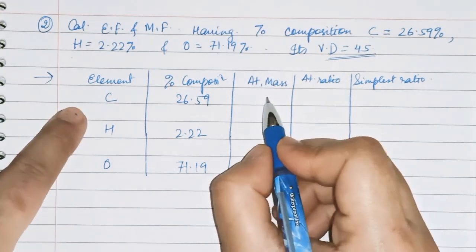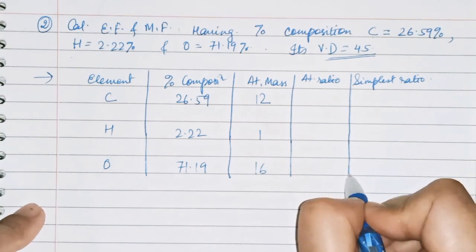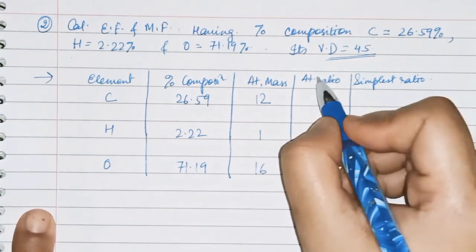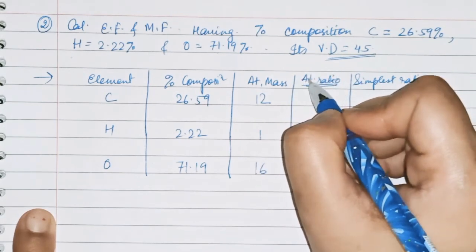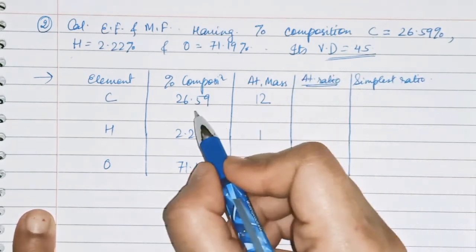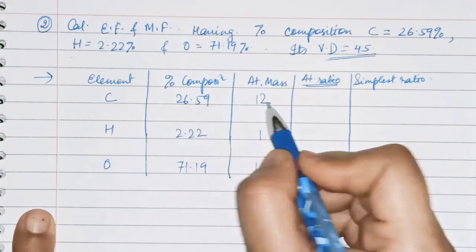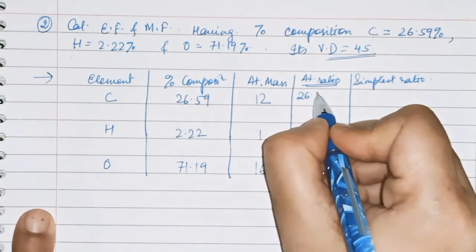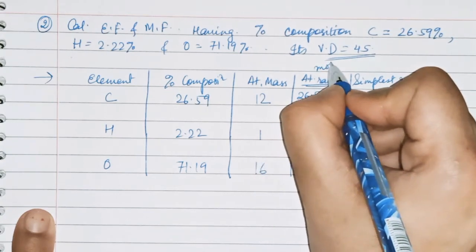Okay, the atomic mass of carbon is 12, hydrogen is 1, oxygen is 16. Now atomic ratio, children. Atomic ratio is just the formula of mole, given mass by molar mass. And if it is in percentage, you will write percentage upon mass. So here you will write 26.59 upon 12, just like moles.